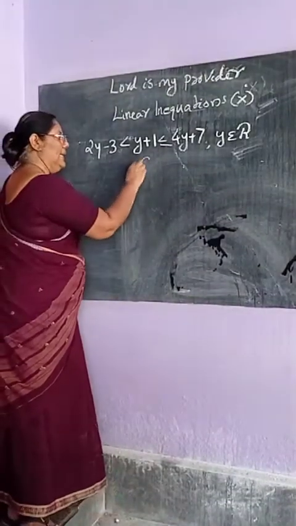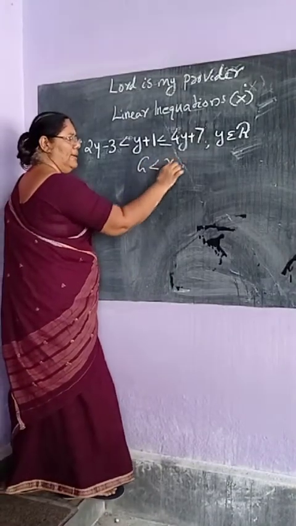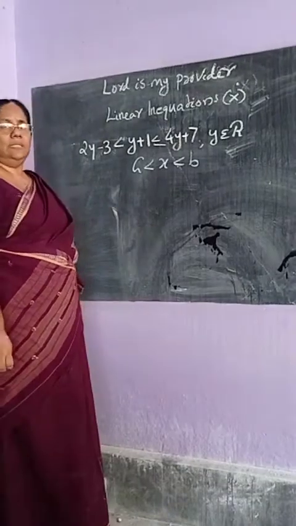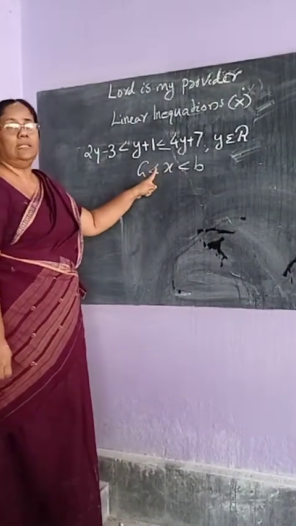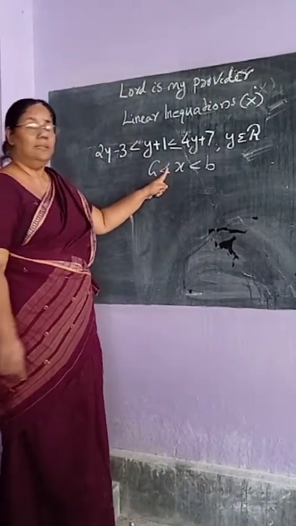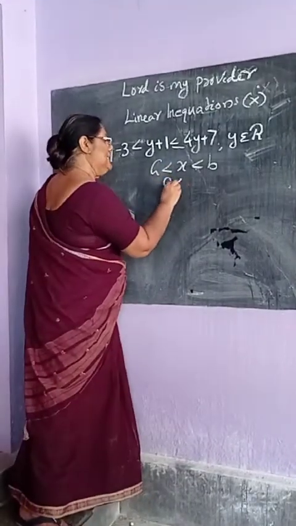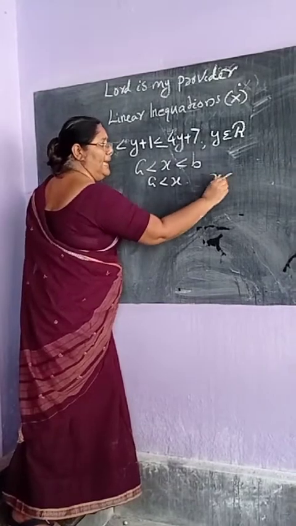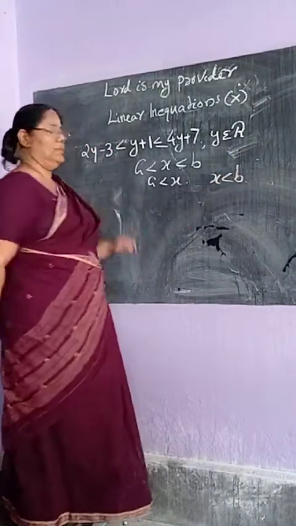One is a less than x less than b type. That means two inequalities. How can you separate this? A less than x on one side and the same x less than b on the other side.